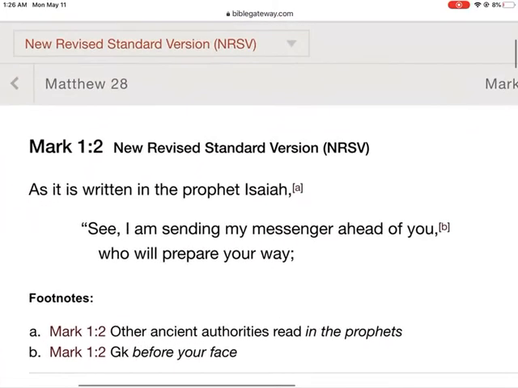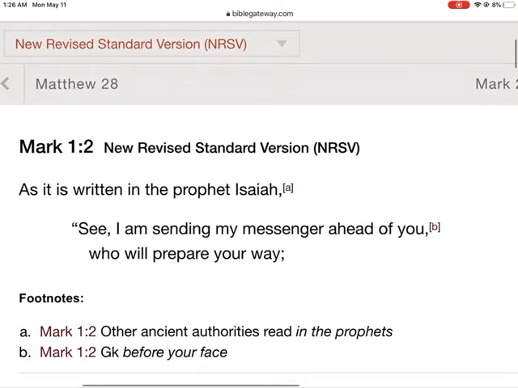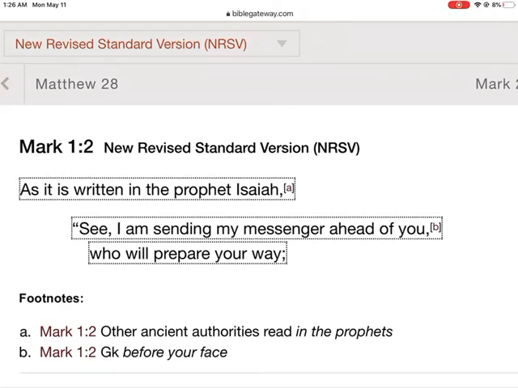Notice in Mark 1:2, I'm going to skip the first footnote. I want to focus on the second one, where it says, GK before your face. And here what it's saying is that in Greek, the literal words are, see, I am sending my messenger before your face.